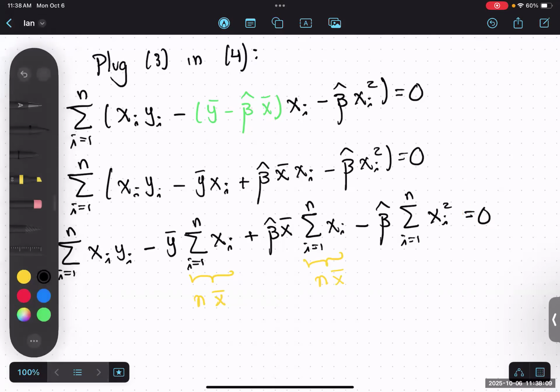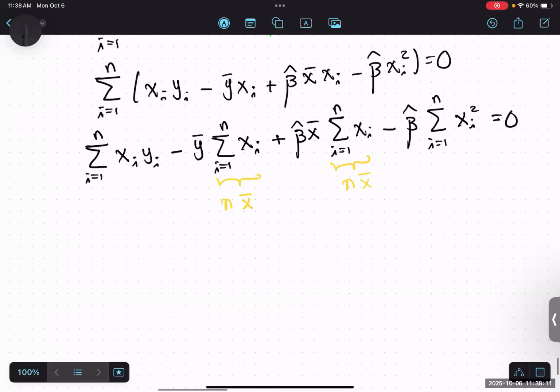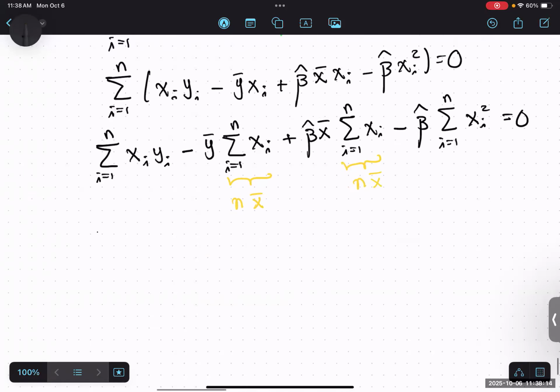Going back, again, for deductive purposes, I will do it step by step. This is now n times x bar, y bar, the second element, right? The third element is n x bar times x bar.